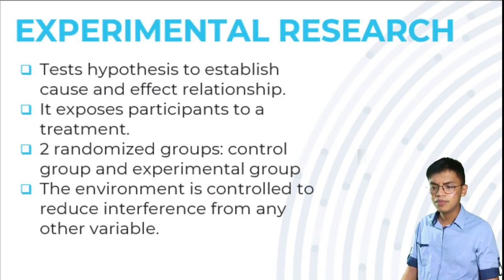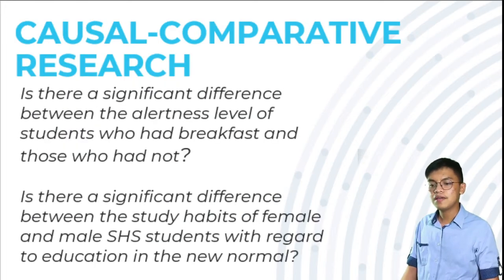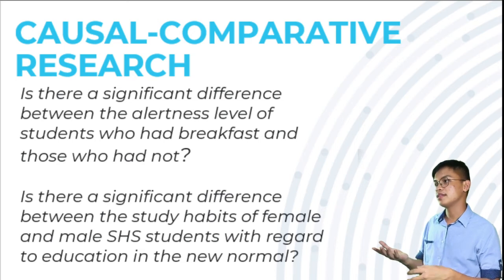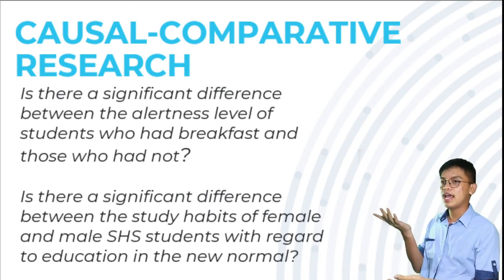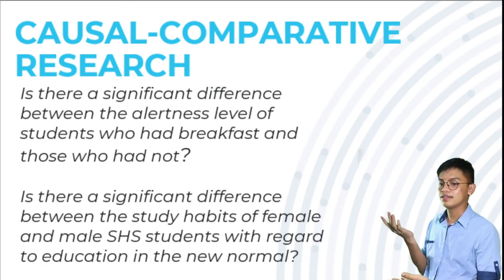Say for example, you want to see if there's a difference in the alertness level between students who had breakfast and those students who did not have their breakfast. So you try to group your students, yung mga nag-umagahan at mga hindi nag-umagahan. And then you try to give them an alertness level test.